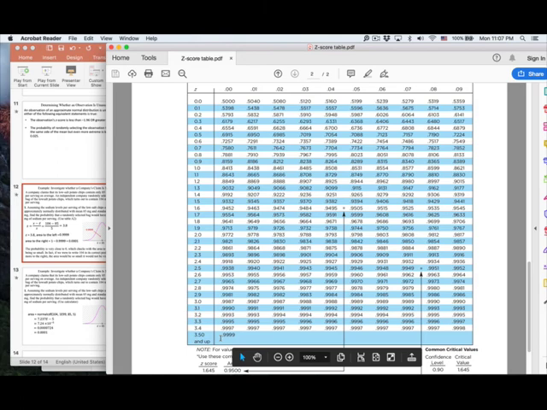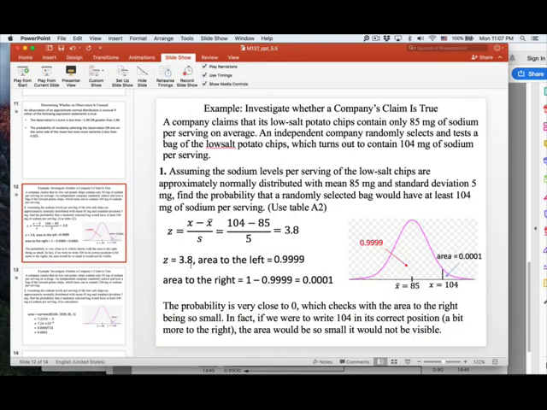For 3.5 and up, that will be 0.9999. So that's why we got the area to the left as 0.9999 in here. Subtract from 1, and we find the area to the right. So this is how you use the table A2. When they give the x, first find the z-score. After you know the z-score, you find the area.